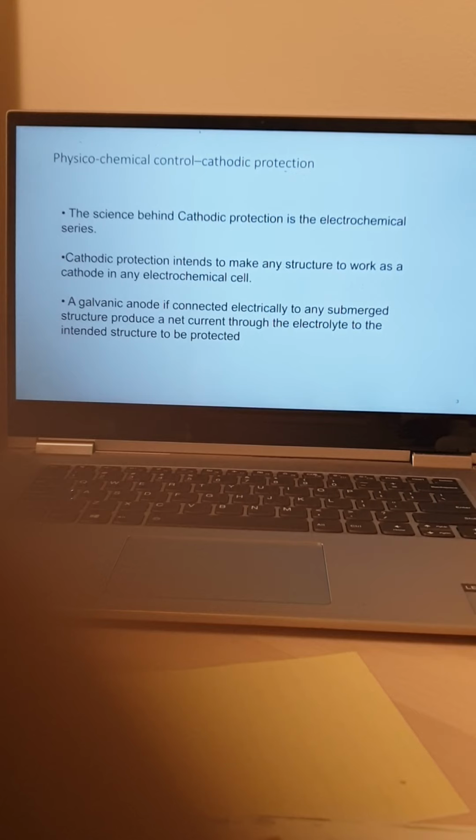Any material in an electrolyte that touches another material in electrical contact tends to make a galvanic corrosion. So the principle of cathodic protection is galvanic corrosion.